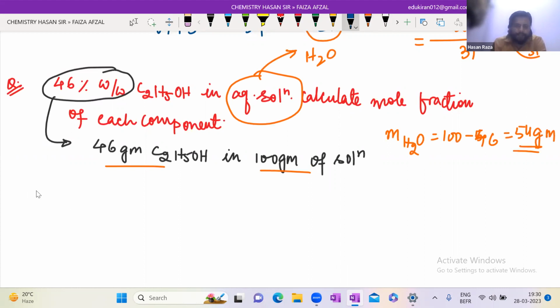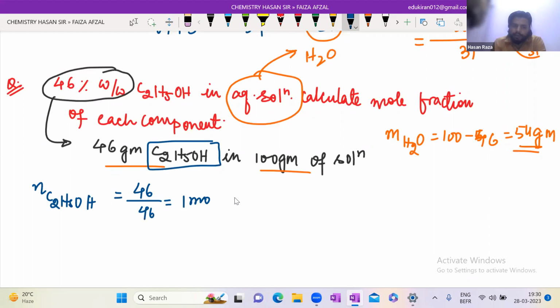Yes, sir. Now, if you calculate the moles of C2H5OH, it will be given mass, that is 46 gram. Can you tell me the molar mass of C2H5OH? 46. That means 1 mole it is. Now, number of moles of water is given mass 54, molar mass is 18, so it will be 3 moles, right?